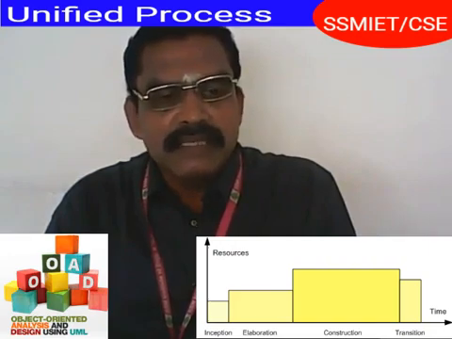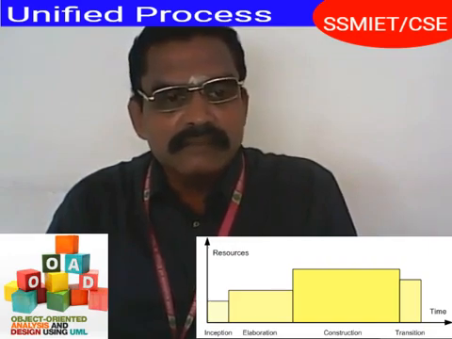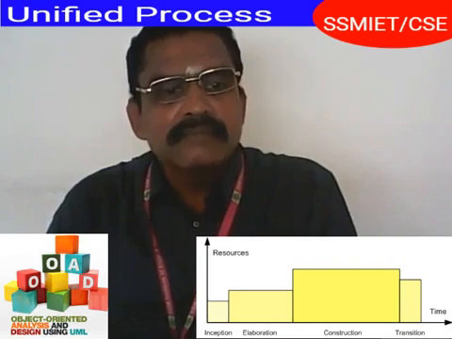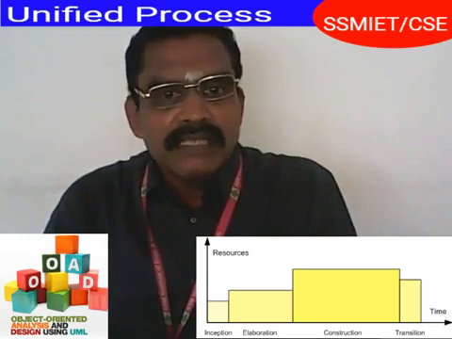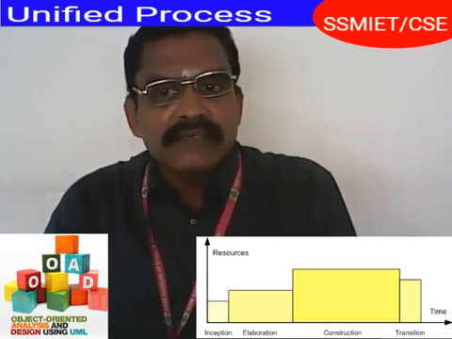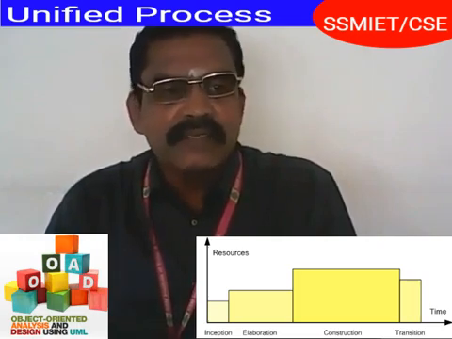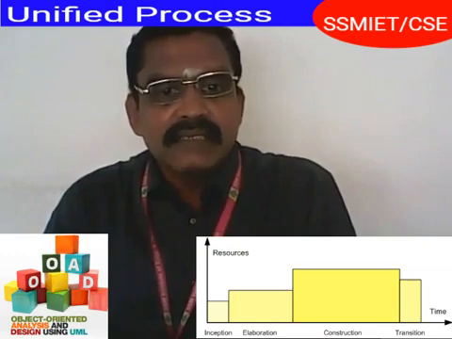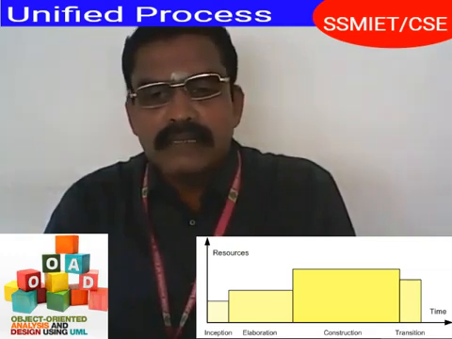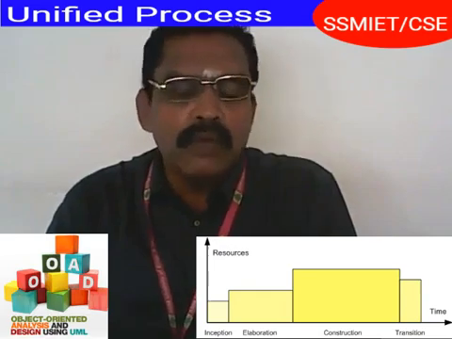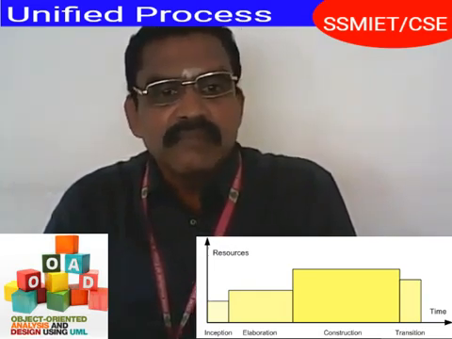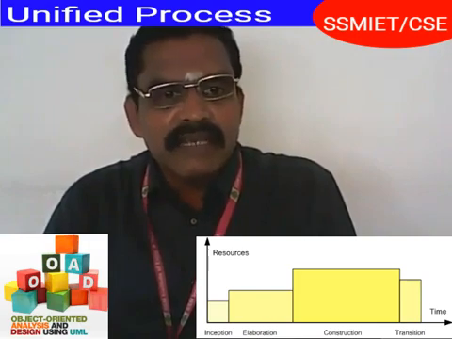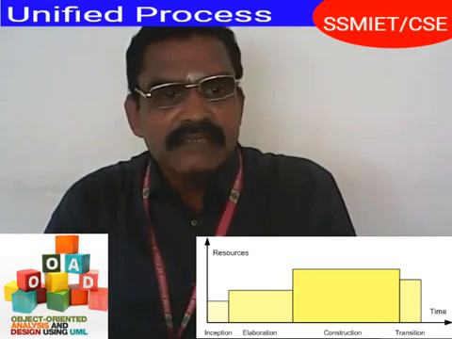Inception, elaboration, construction, transition. In the inception phase, a justification or business case for the project is arrived at. Next, the scope for the project and boundary conditions are established, and the key requirements and use cases are defined.